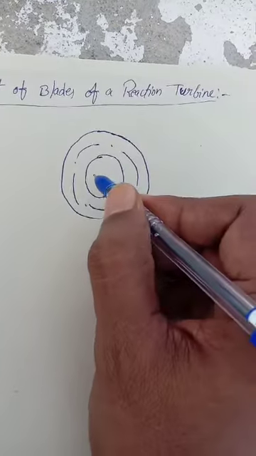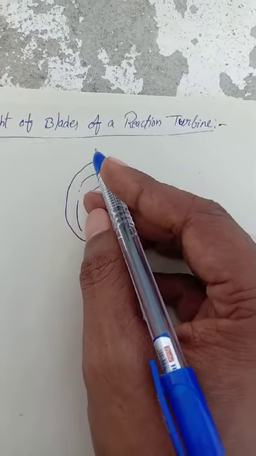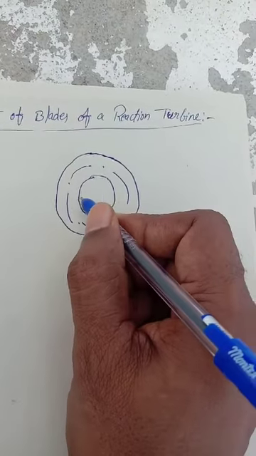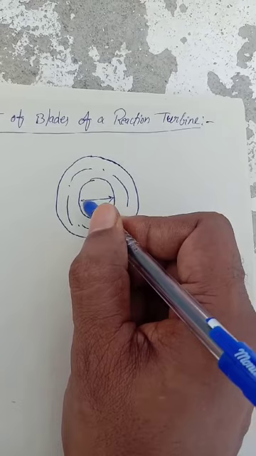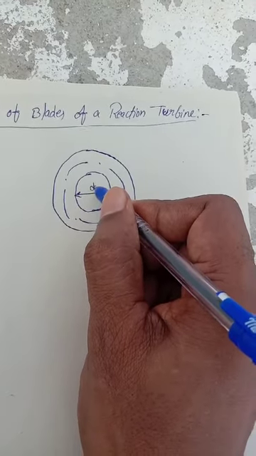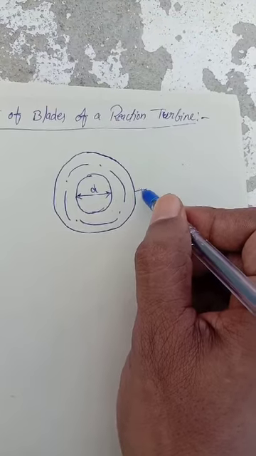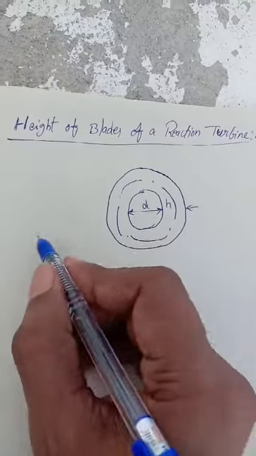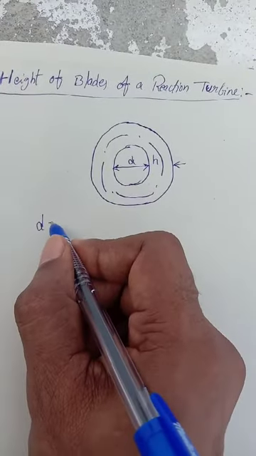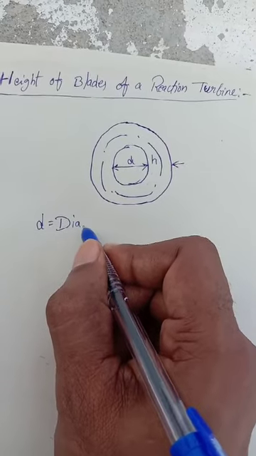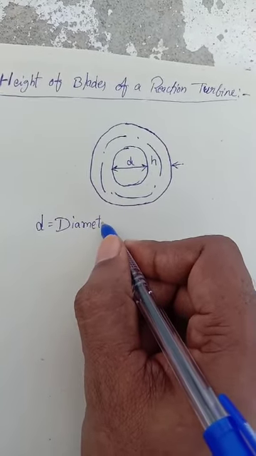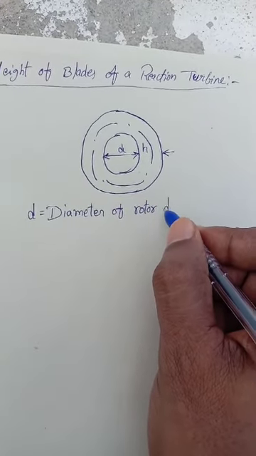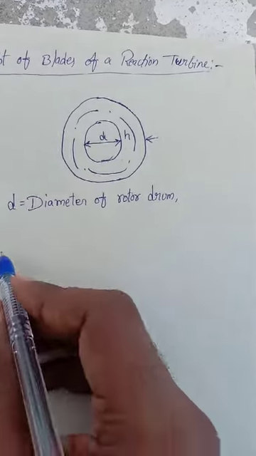Okay, then here the blade ring is coming from D. This is H. Now here I write down small d is equal to the diameter of the rotor drum.